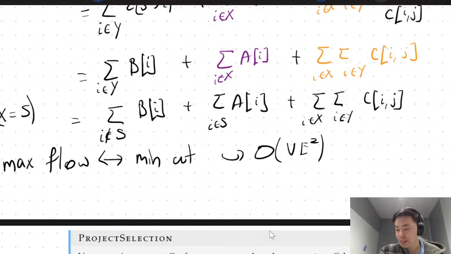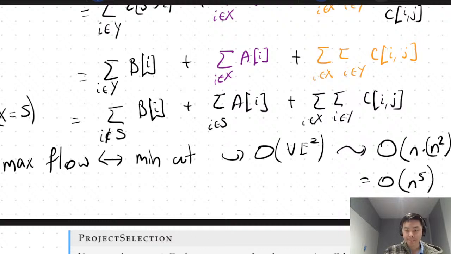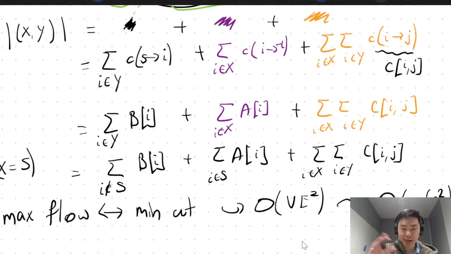The number of edges is bounded by O(n^2), so this would be at most n times (n^2)^2, which is n^5. Cool. So here the tricky part is to realize that we can model this as a flow network.